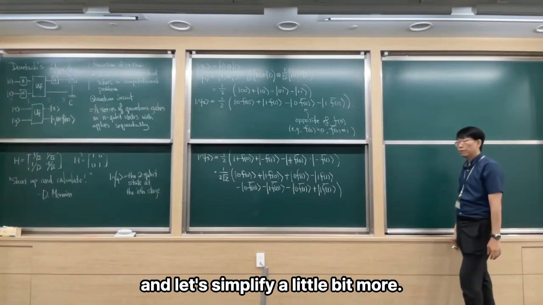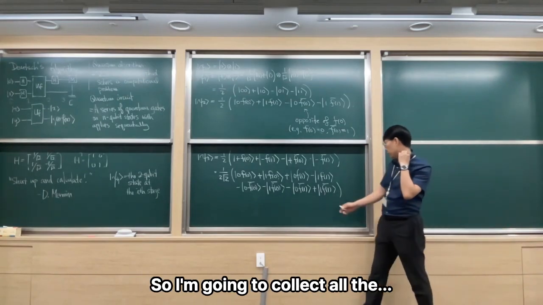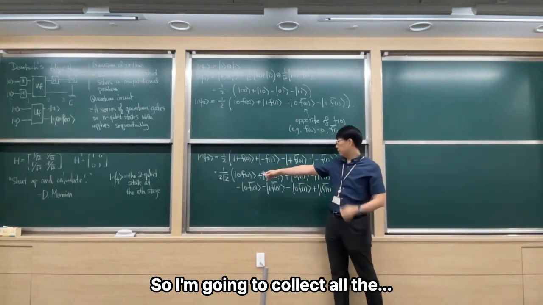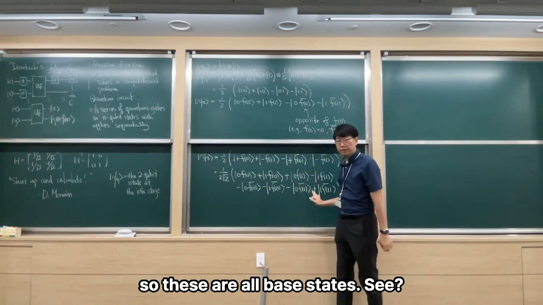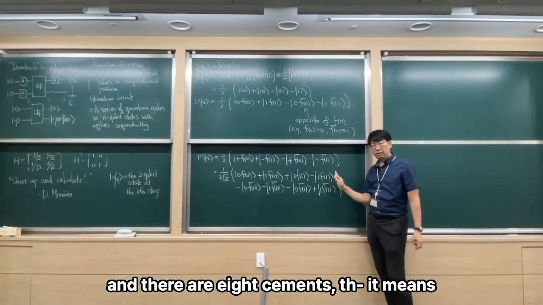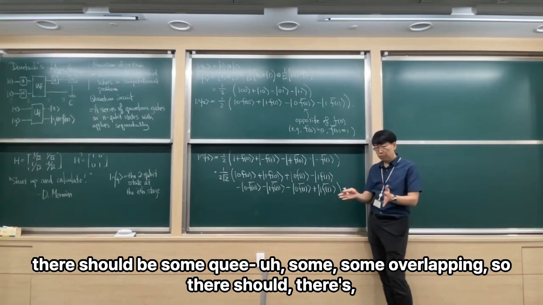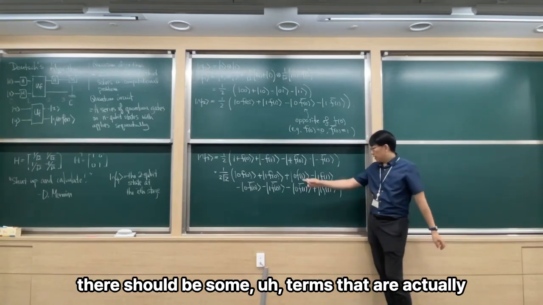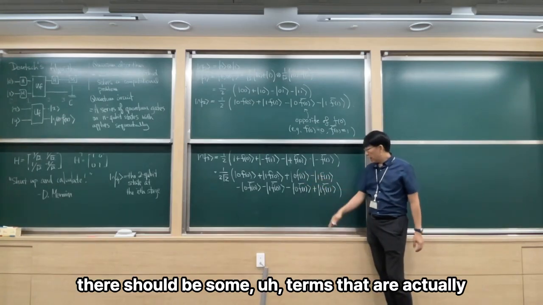Let's simplify a little bit more. I'm going to collect all the base states. These are all base states, see? There are 8 summands, so there should be some overlapping, some terms that are actually equal to each other.